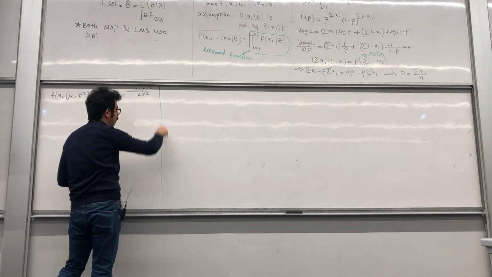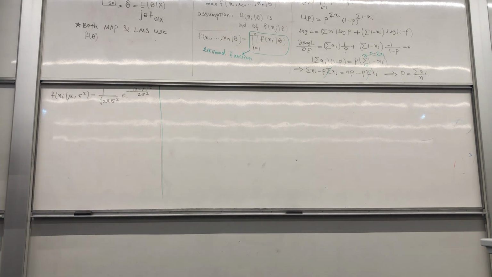Right? So this is the likelihood function for xi given mu and sigma squared.